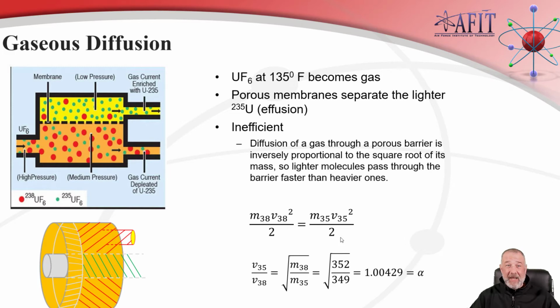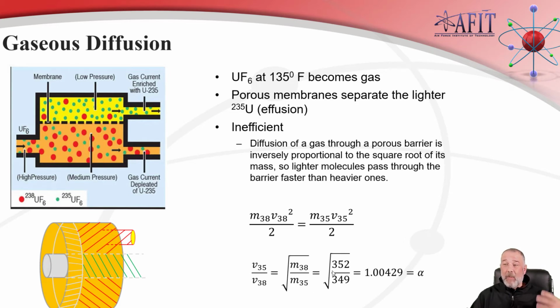Basically, this is their kinetic energy, 1/2 mv squared. So all things being equal, if this equation holds true, and it does for the most part, we can say that the velocities are going to be proportional to the square root of the ratio of masses.